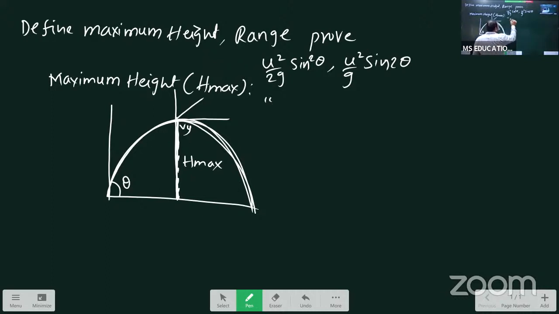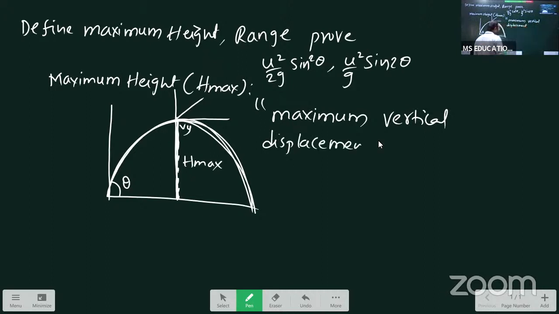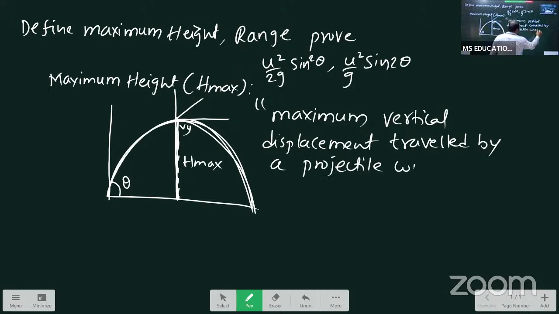So we are writing like this: maximum vertical displacement traveled by a projectile where Vy, vertical component, equals 0. For a fraction of a second here, vertical component is 0, student, because horizontal is already present.